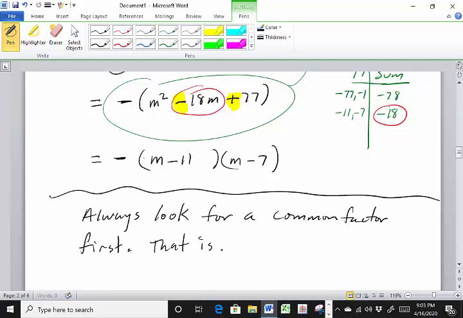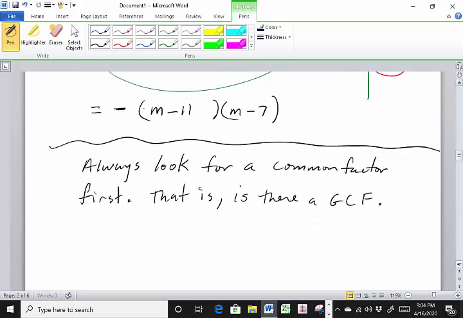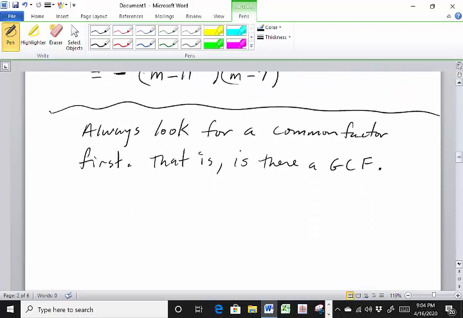That is, is there a GCF, a greatest common factor? If there is, you want to factor that out first before you do any type of other factoring. Factoring by grouping, or now this factoring of trinomials. So for example, let's say we have this question.